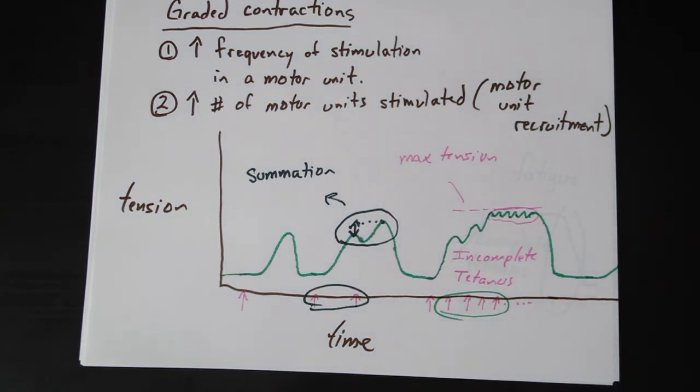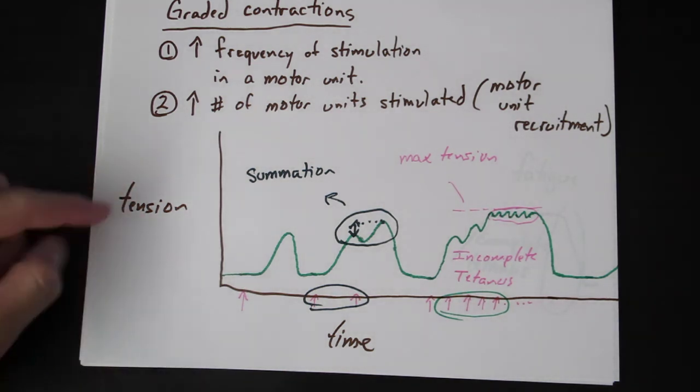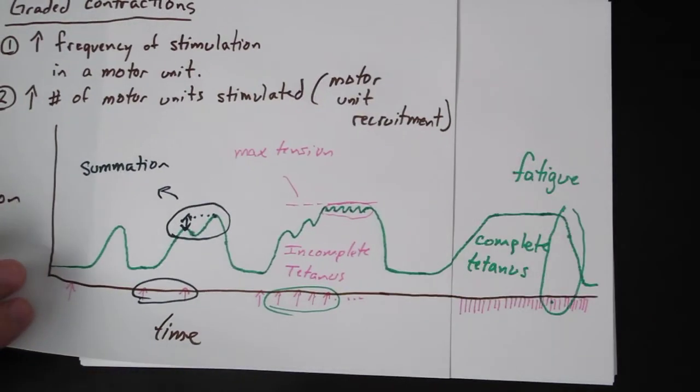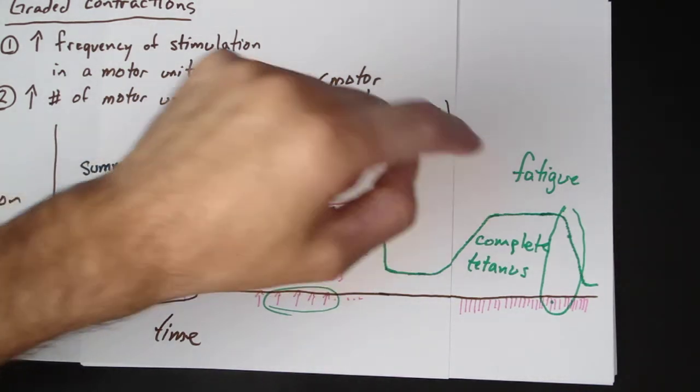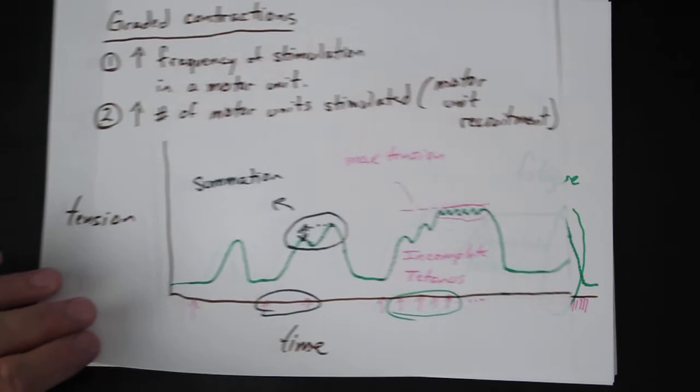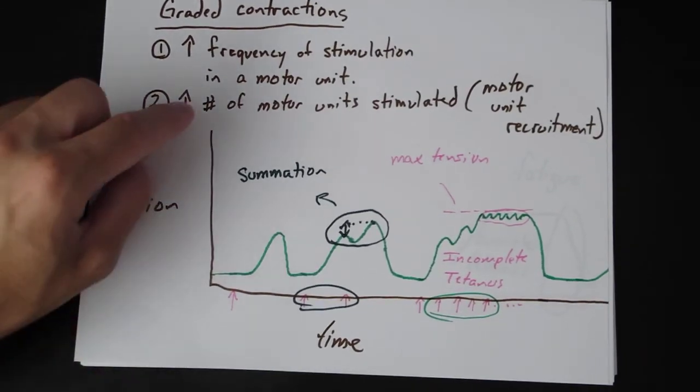And I turn around with another book and I say, oh, hold this one as well, and I put it onto your hands, right? Now, all of a sudden, your load has become heavier, and the tension that you are generating is not enough to support that load. So what do you do? You are going to stimulate more motor units.